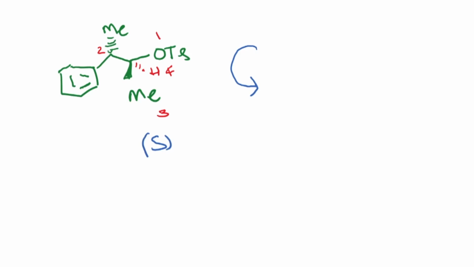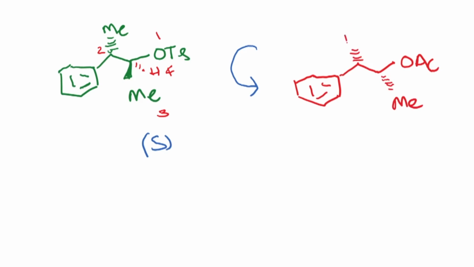Okay. So if there is inversion in stereochemistry, then the product that is expected would be OAc. And so the methyl here would be going in, methyl here would be like this, and the hydrogen is coming towards the plane of the board.